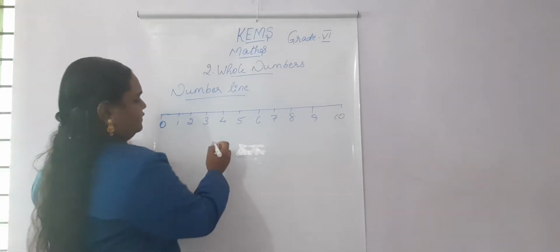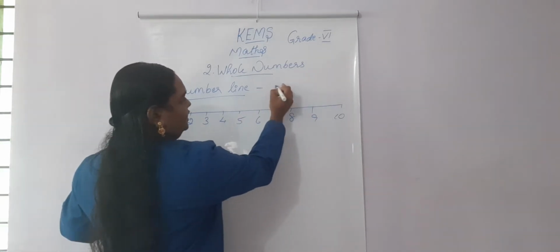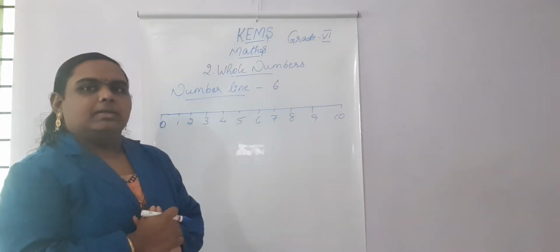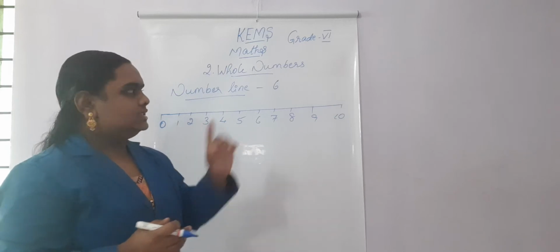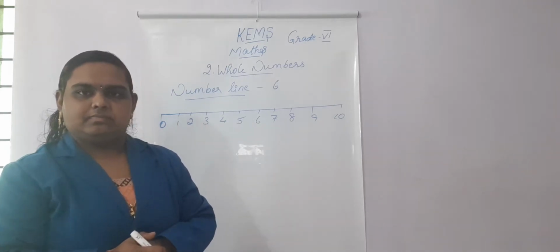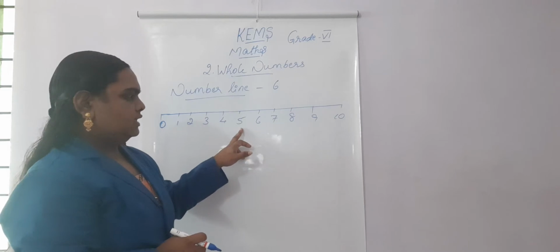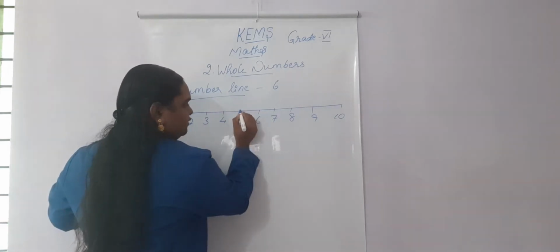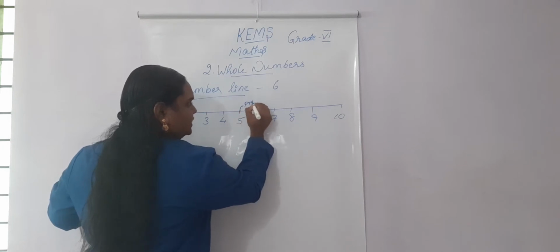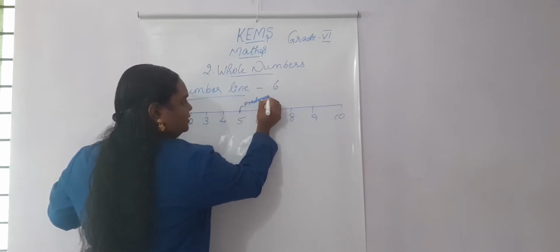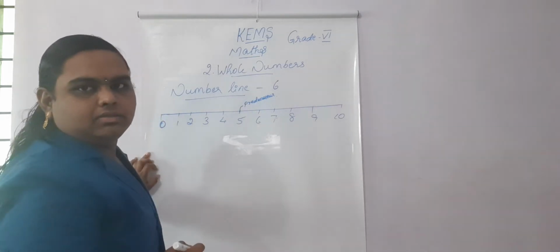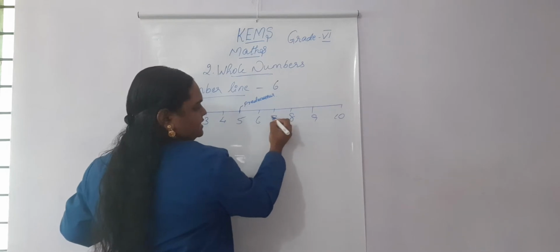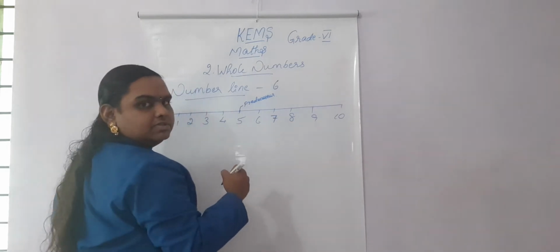How to find? I am taking the number 6. What is the predecessor of the number 6? 6 minus 1, that is the predecessor. So, 5 is the predecessor of the number. Next, 6 plus 1 is the successor. So, 6 plus 1 is equal to 7.